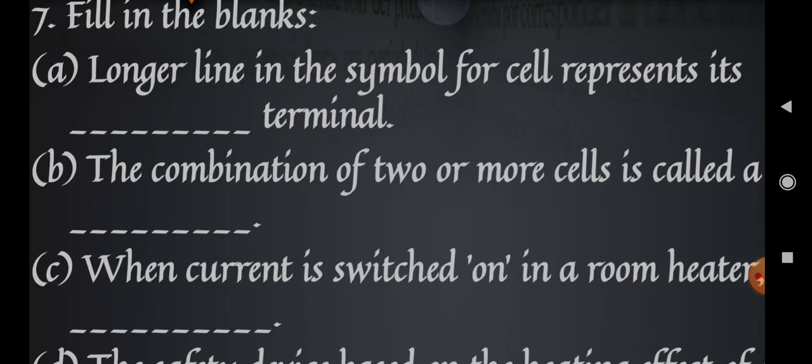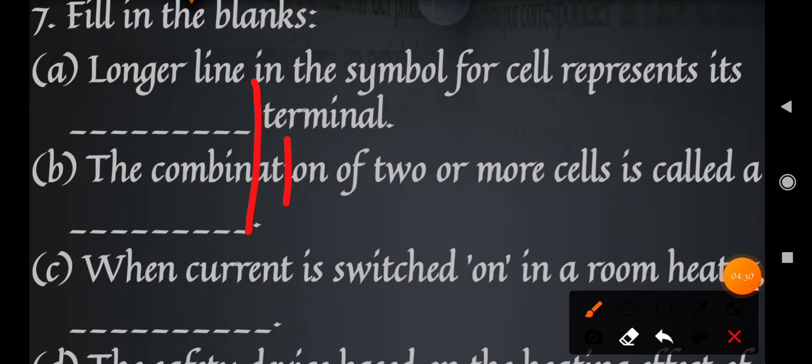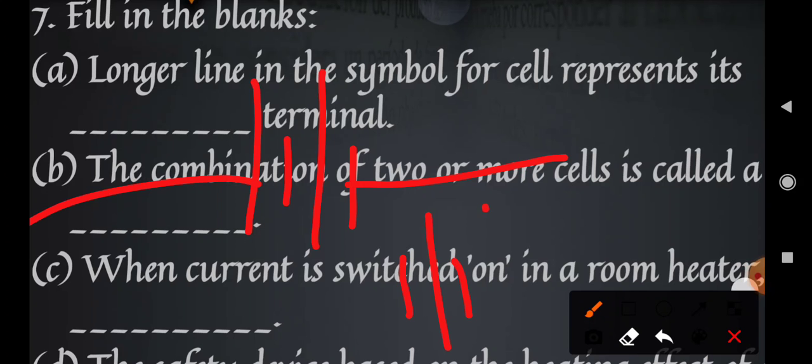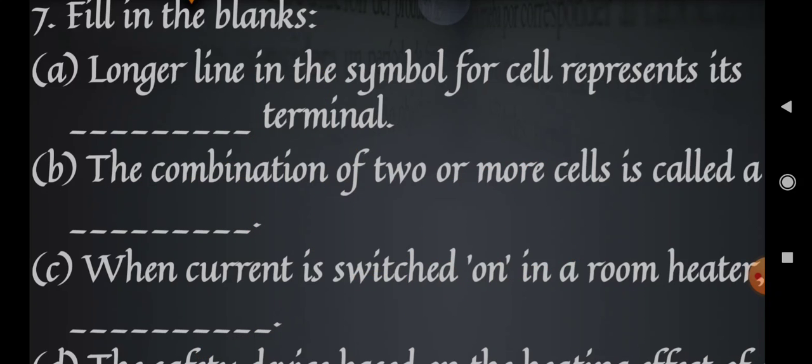Exactly, in the 6th standard also we have completed that the combination of 2 or more cells is known as a battery. Now, a battery should be arranged in which kind of manner? Will it be positive, negative, like that, or negative, positive, like that? Don't forget to mention the sign. Clear? Okay, so this is a battery.